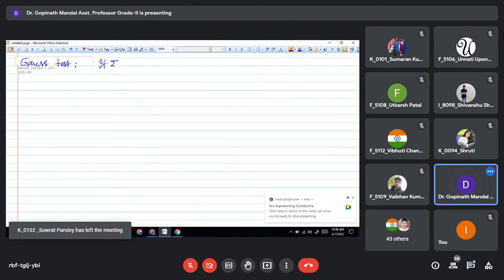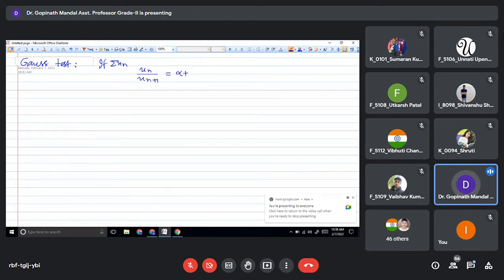If Σun is a positive term series such that un by un plus 1 is equal to alpha plus beta by n plus gamma by n squared, where alpha is greater than 0.